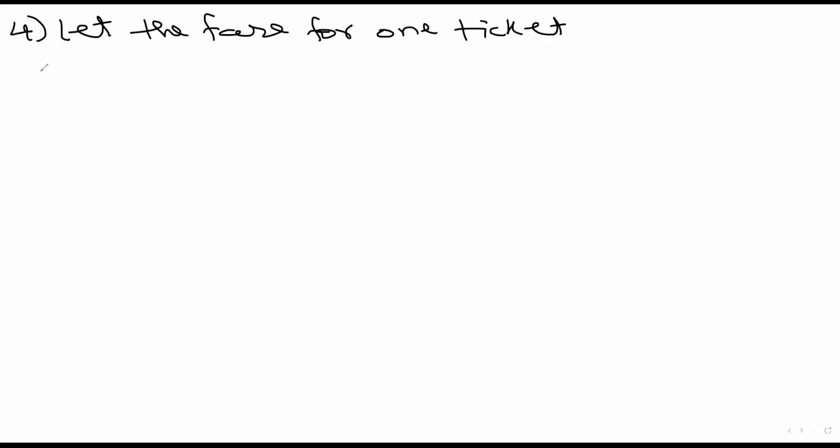Can you tell me what should be called as x and y? Fare of station A as x and fare of station B as y, correct? Write down: let the fare for one ticket to station A be rupees x.